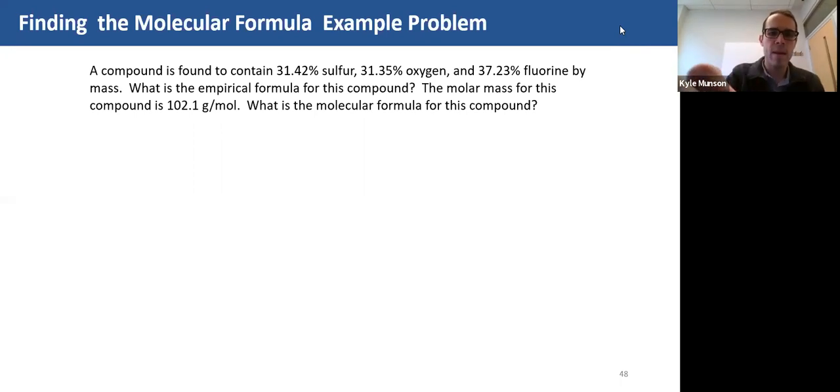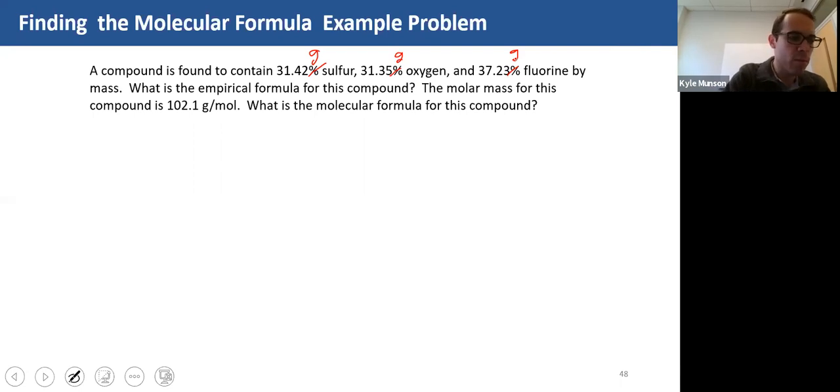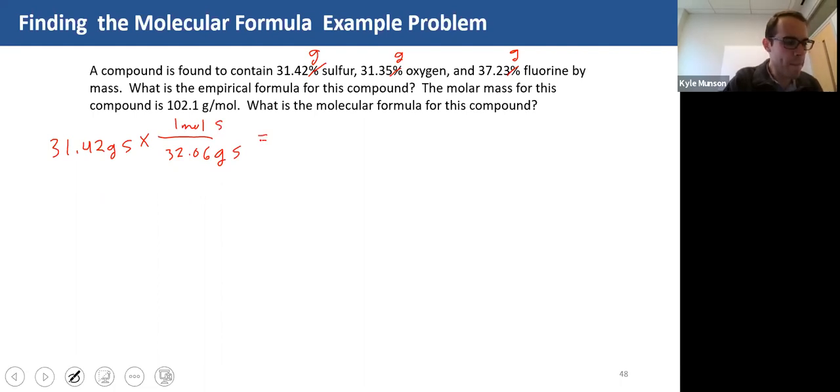Okay, so again, this is by mass, so we can assume that all of these are just grams. So what we're going to do is convert grams to moles. 32.06 grams sulfur, 1 mole sulfur. So we get the molar mass off the periodic table.